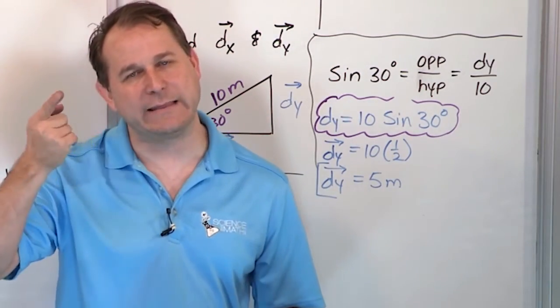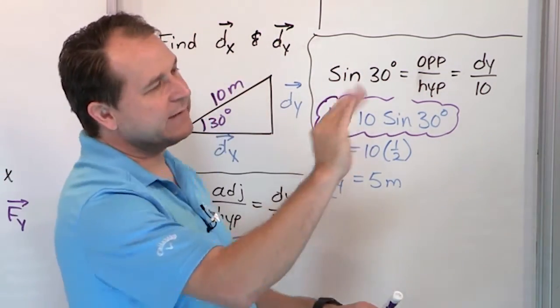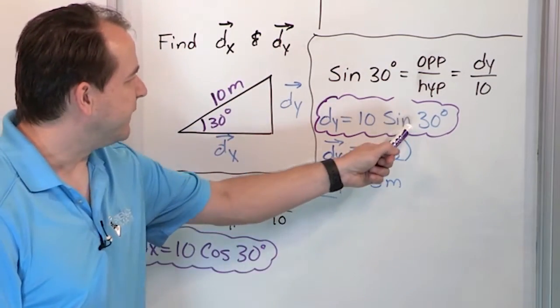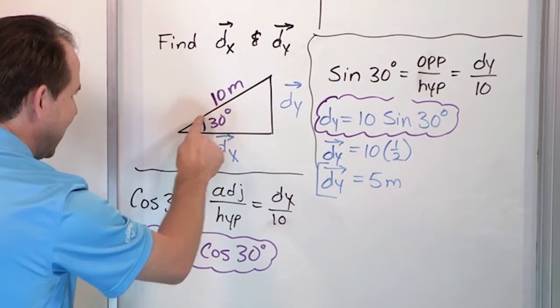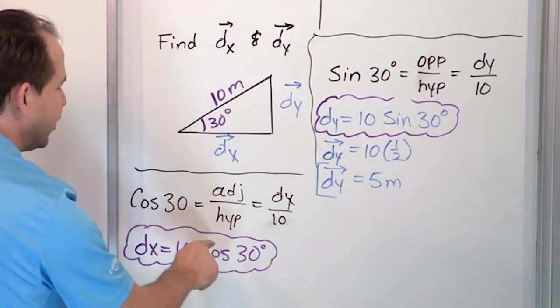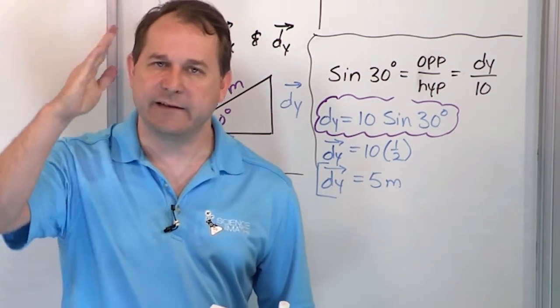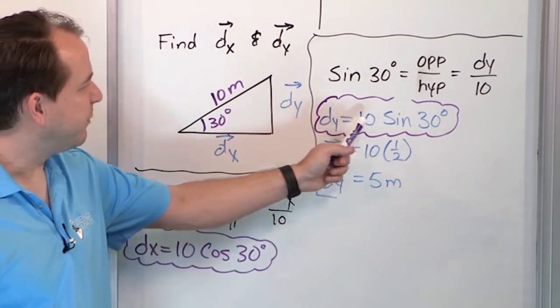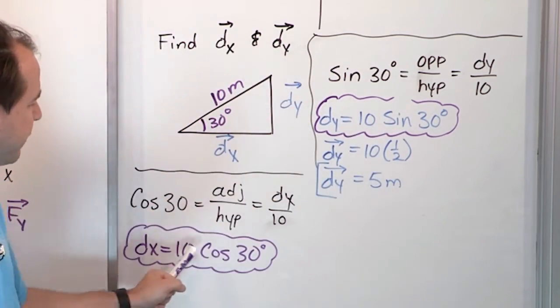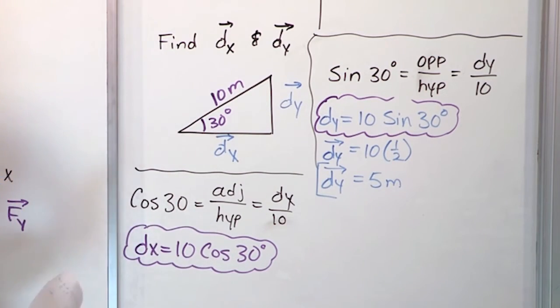You should think of sine chopping it to give me the vertical side. Sine of 30 times 10 gives me that vertical side. Here, I'm taking 10, the same hypotenuse, but multiplying by cosine. Cosine chops it to give me the horizontal component, the x component. So here I'm multiplying by sine, giving me the vertical component, and here I'm multiplying by cosine, giving me the horizontal component.